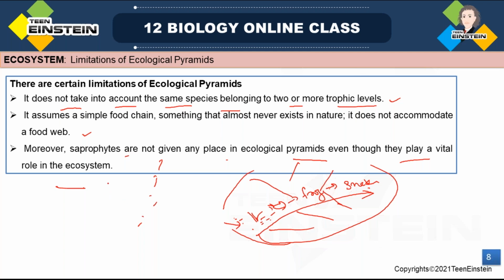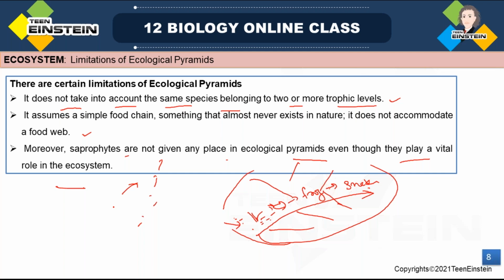The next point is that saprophytes, decomposers, microbes, all these are not considered, or they don't have any place in the ecological pyramid. Actually they have a very important role in the ecosystem. Otherwise all dead matter will be there only, it will never get decayed, right? So those who are playing a very vital role, that group was not considered when we are talking about the ecological pyramid. That is the most important limitation of the ecological pyramid.